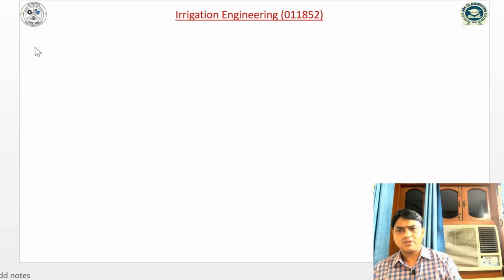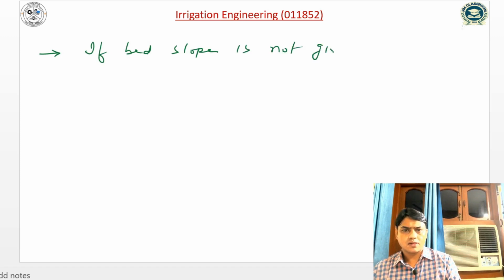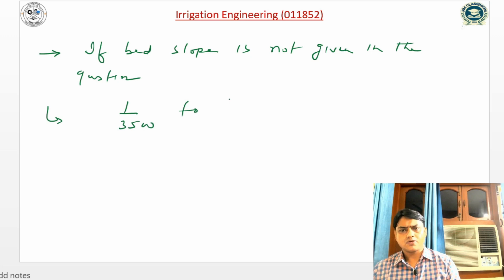Similarly the slope, if bed slope is not given in the question, we can take the bed slope as 1 by 3500 to 1 by 5000.